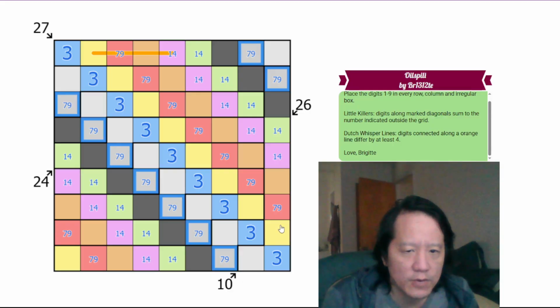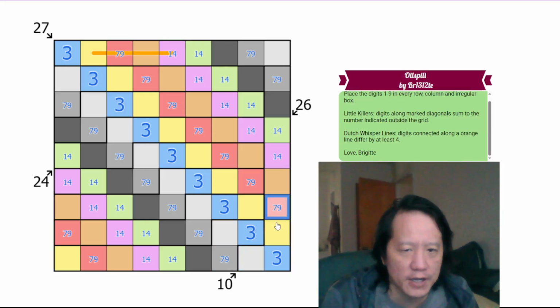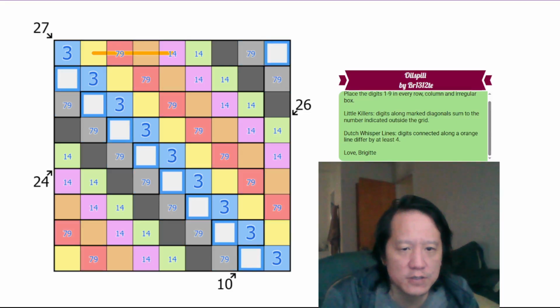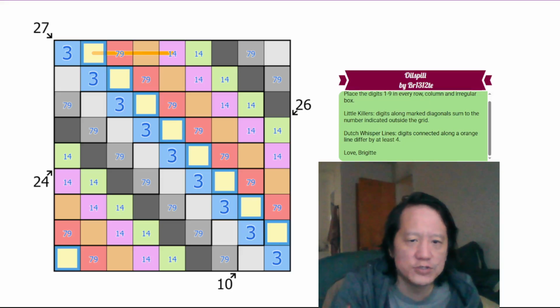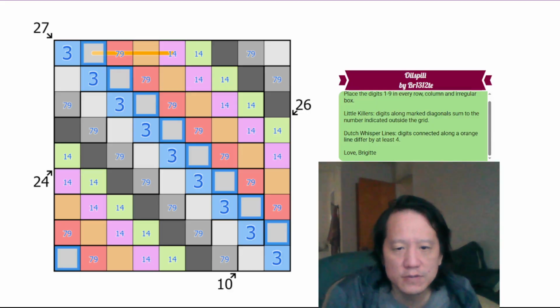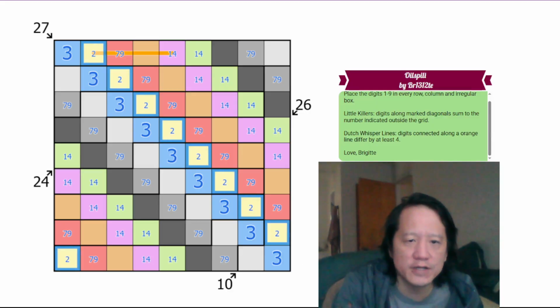Okay. So to add up to 10 here, we can't have 1, 9, 3, 7, or 4, 6, because we have 1, 4, and 7, 9 accounted for. So this must be 2 and 8. So light and yellow have to be 2 and 8 to add up to 10.